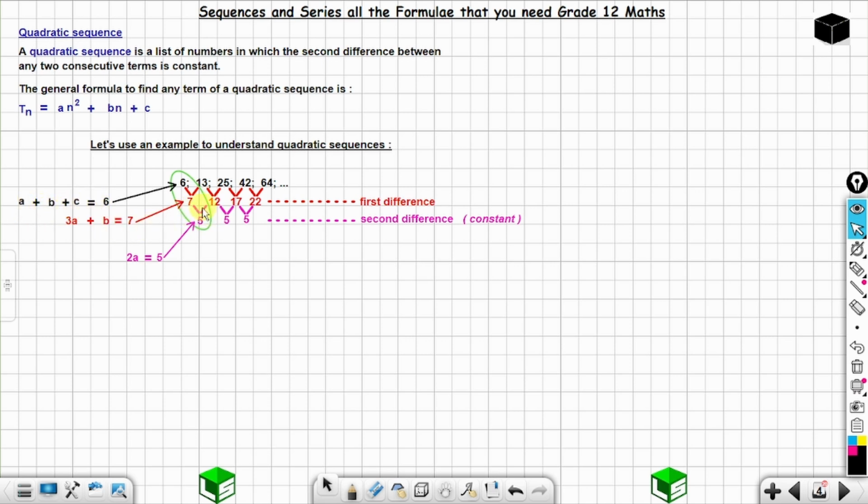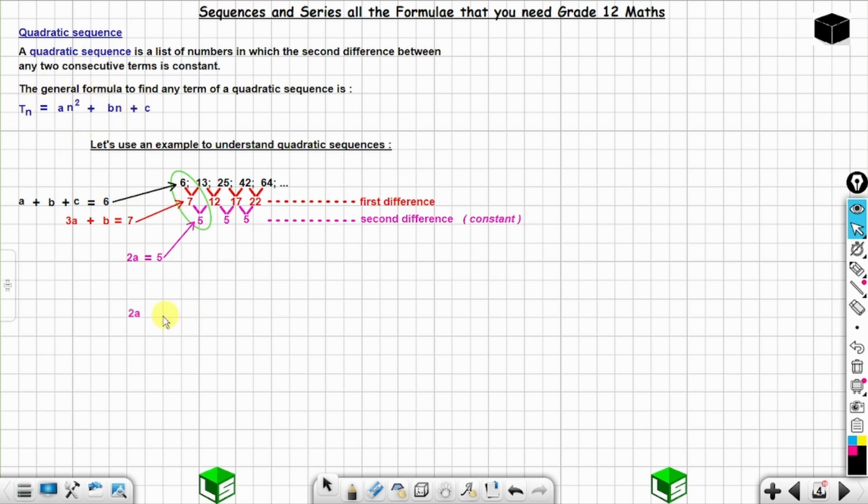You can solve for a, and then whatever you have there will always be equal to 3a plus b. After you have a, now you can solve for b, and whatever you have there will always be equal to a plus b plus c. After solving for a and b, now you can solve for c. So this is how you can solve for a, b, and c from the general formula.